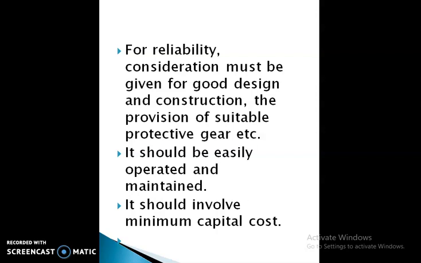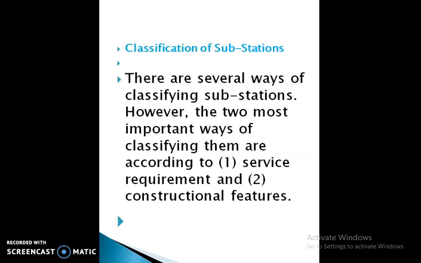Next, it should involve minimum capital cost. The most important factor is that the capital cost for designing and laying out a substation should be as low as possible.